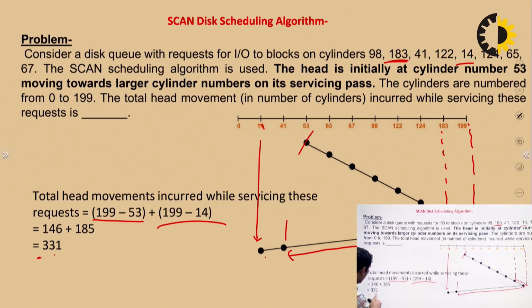So the total head movement is 331 tracks in this scenario. We will reduce this in the further algorithms.